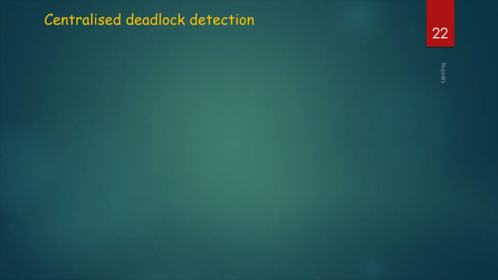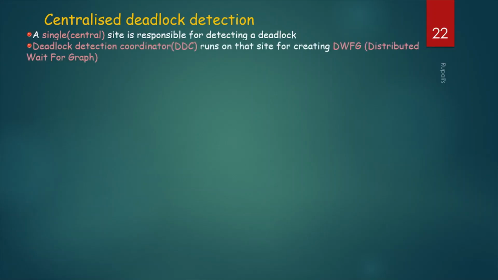Centralized deadlock detection. What is that? When one single central site is responsible for detecting a deadlock. Here, the deadlock detection coordinator, that is DDC, runs on that site for creating the distributed wait for graph or global wait for graph.